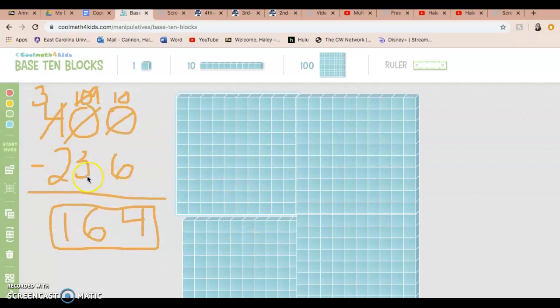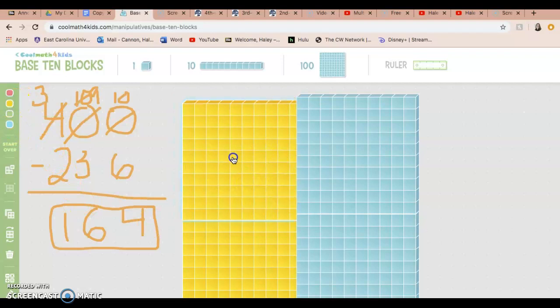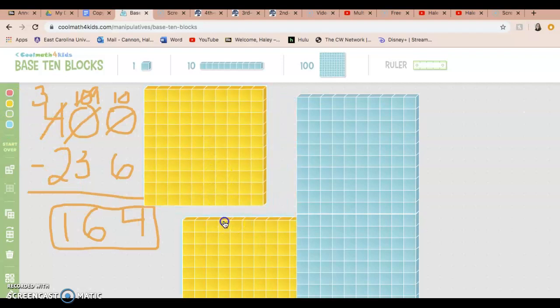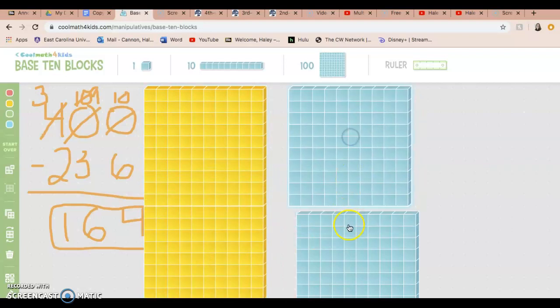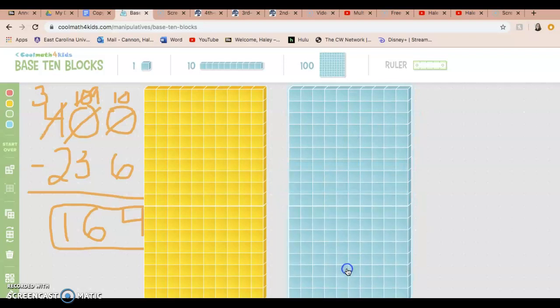So we need to take away 200 of these blue boxes. So these are the ones that we have taken away. Now we're left with 200. So what we need to do now is subtract 36 from the 200.